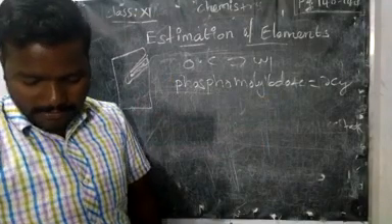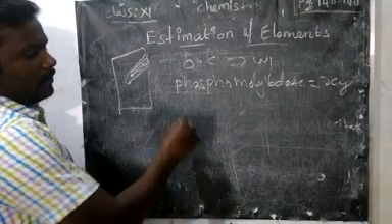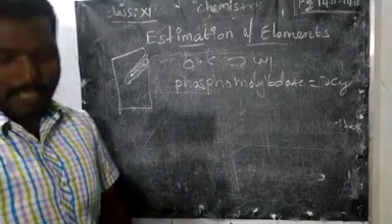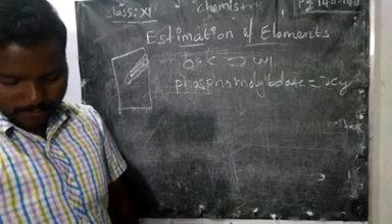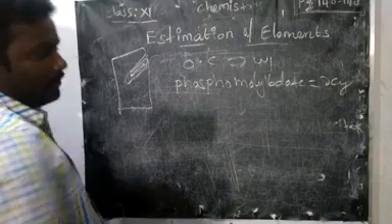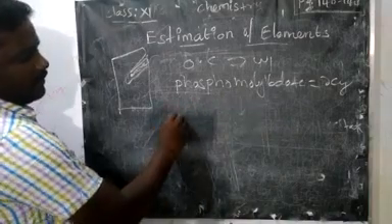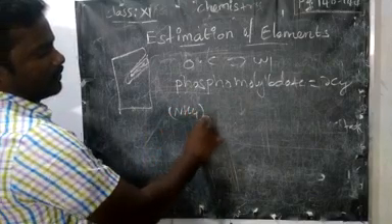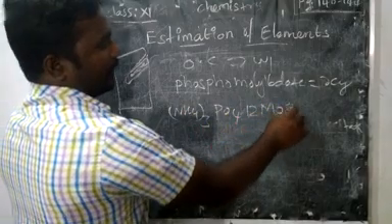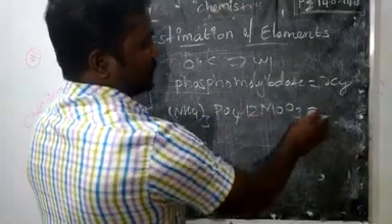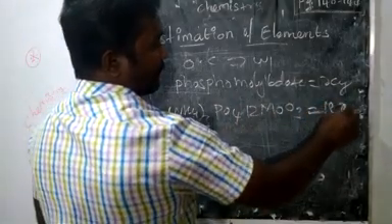Then what is the molar mass of ammonium phosphomolybdate? (NH4)3PO4·12MoO3. What's the mass? See, it comes to 1877.